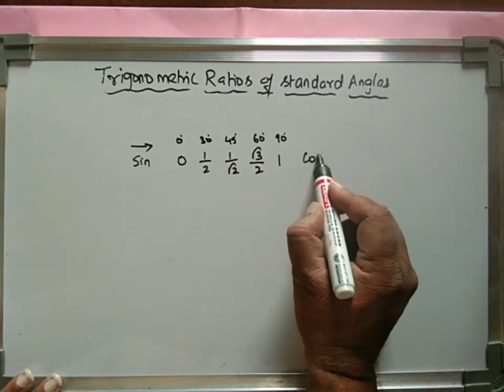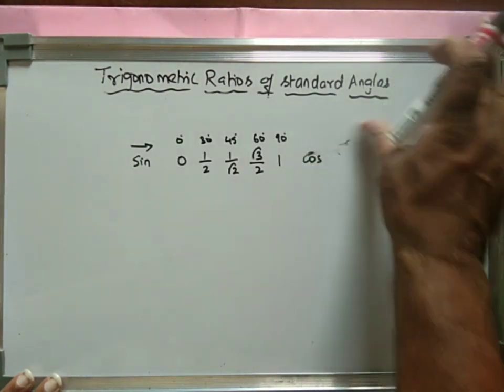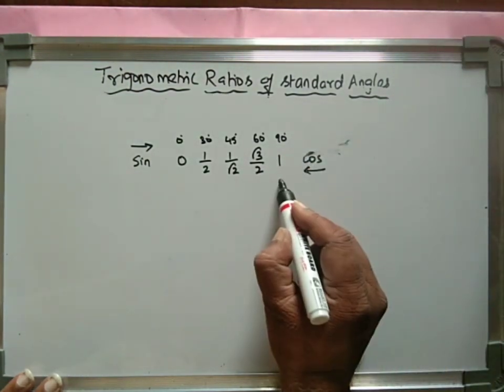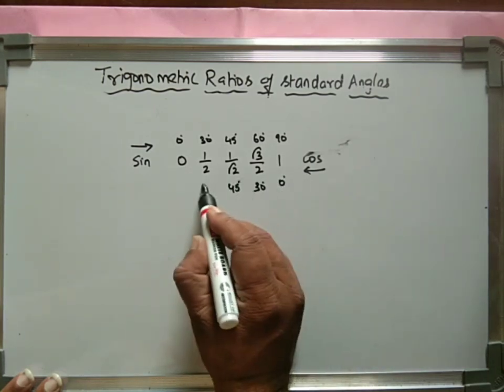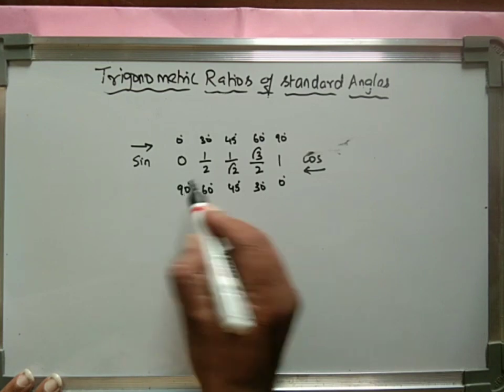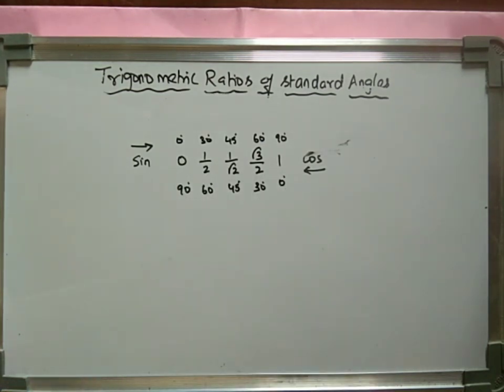If we take the values in the reverse manner, these will be the values of cos 0 degree, 30 degree, 45 degree, 60 degree and 90 degree. So if we memorize this one row perfectly, we can find the values of 4 trigonometric ratios, that is sine and its reciprocal cosec, cos and its reciprocal secant.